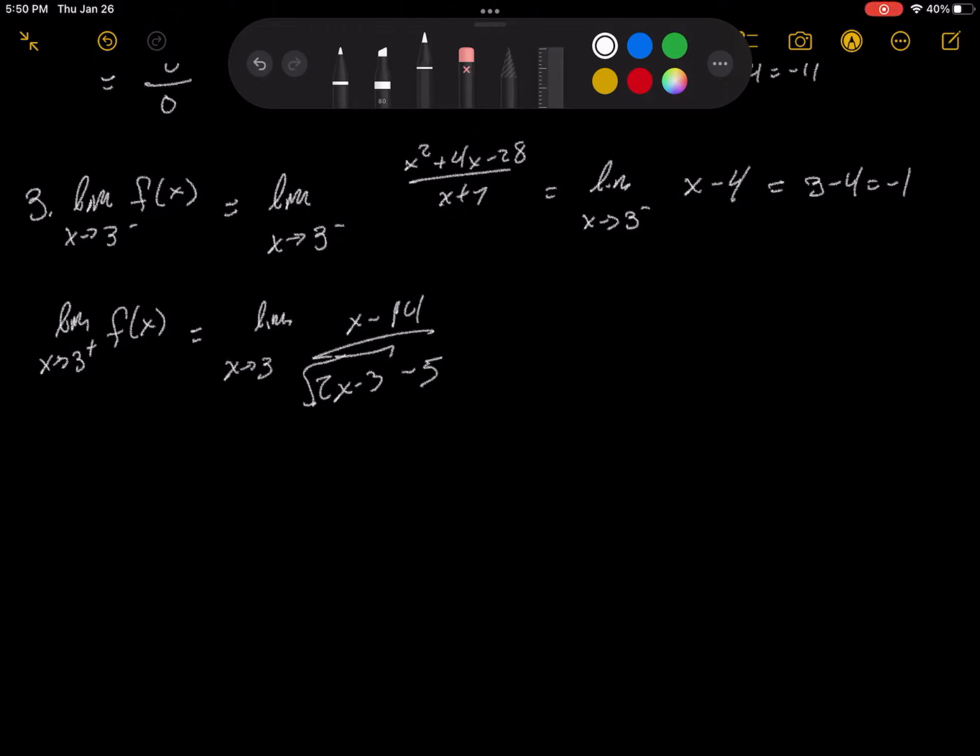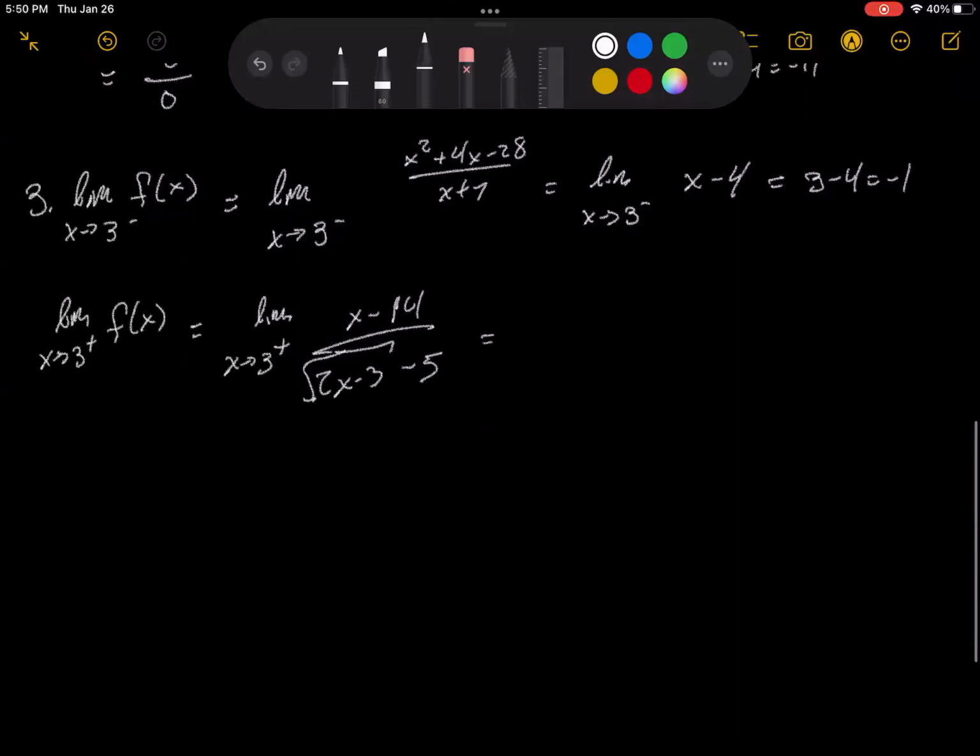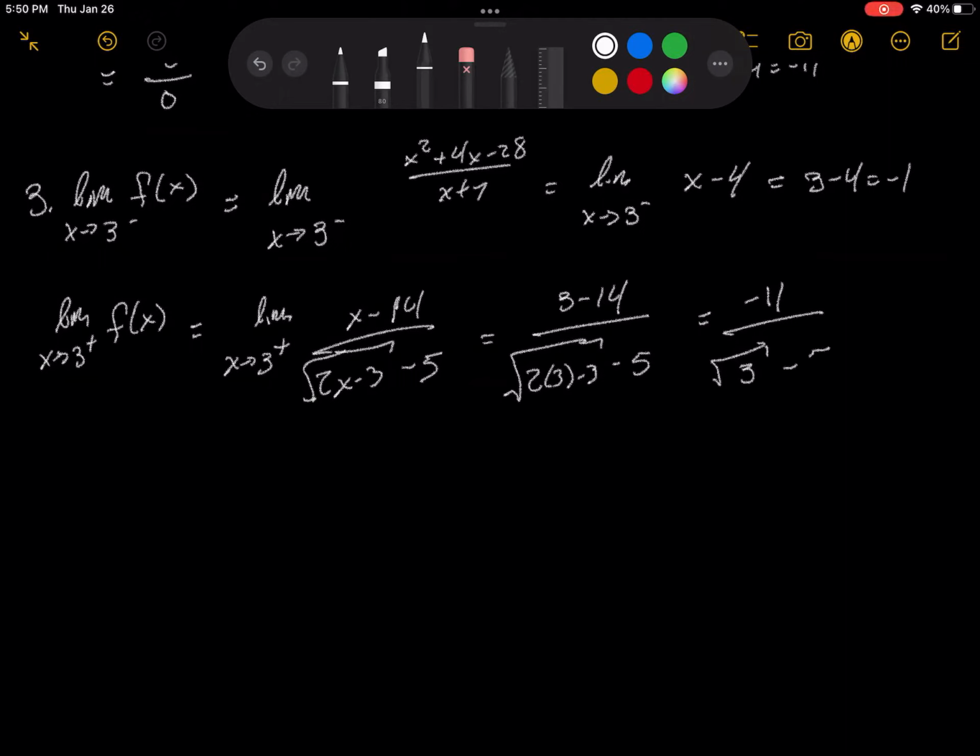And I want to look at this function as x gets close to 3 from the right. So I directly substitute. X is now 3. That gives me minus 11 over 6 minus 3 is 3, minus 5.